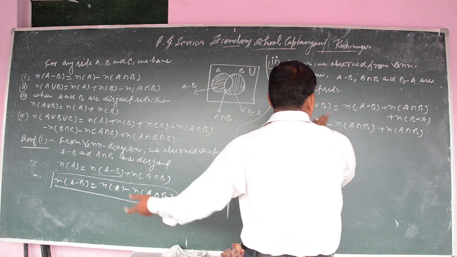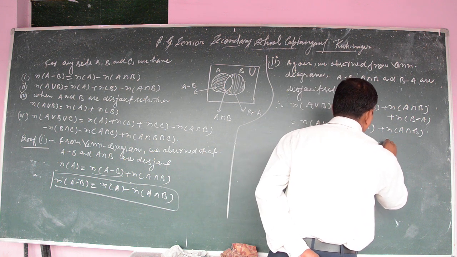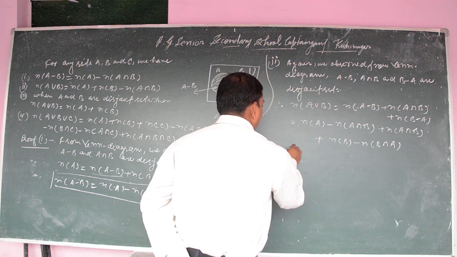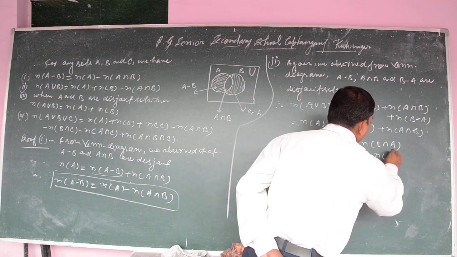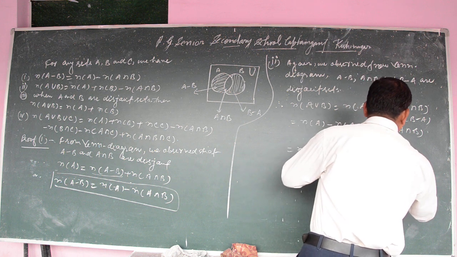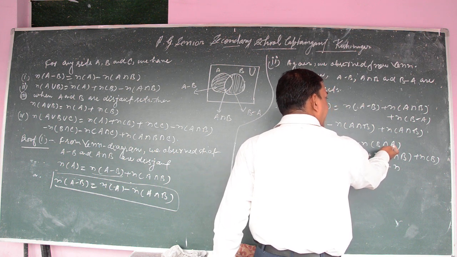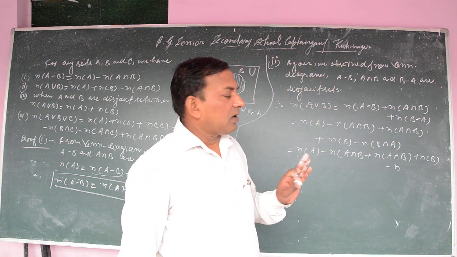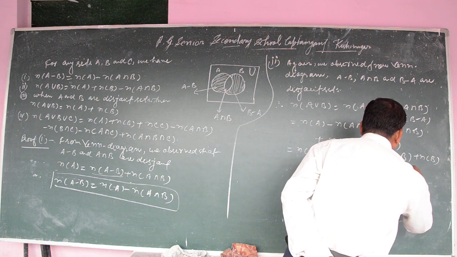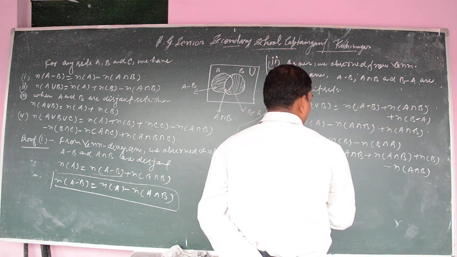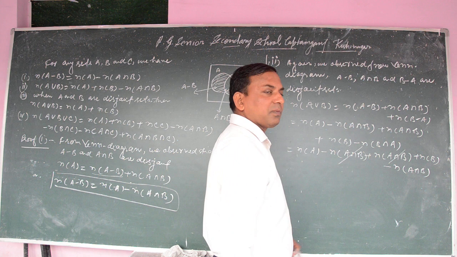So B difference A, according to the first formula, means cardinal number of B minus cardinal number of B intersection A. So we write cardinal number of A minus cardinal number of A intersection B plus cardinal number of A intersection B plus cardinal number of B minus cardinal number of B intersection A, or A intersection B. Earlier you know that intersection of two sets is commutative. So in place of cardinal number of B intersection A, we write A intersection B. The minus and plus cardinal number of A intersection B terms cancel each other.